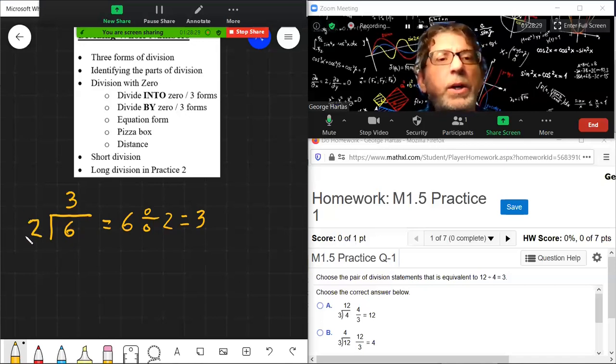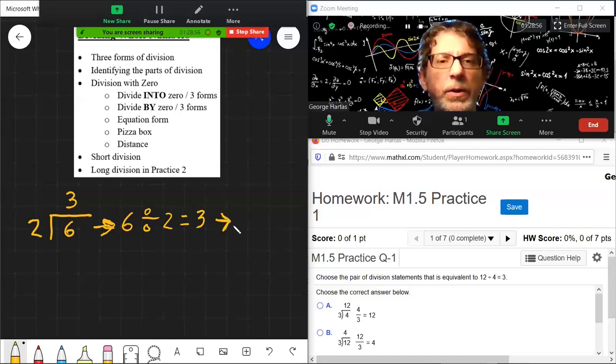In this format, you could say it in 2 ways. You can verbally say it as 2 divided into 6, or you can say it as 6 divided by 2. But here, really, you would just say it from left to right. Okay, so 6 divided by 2 is 3.